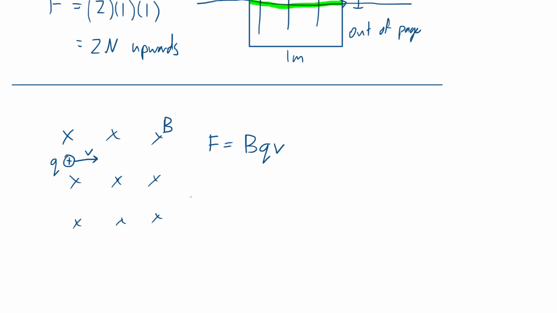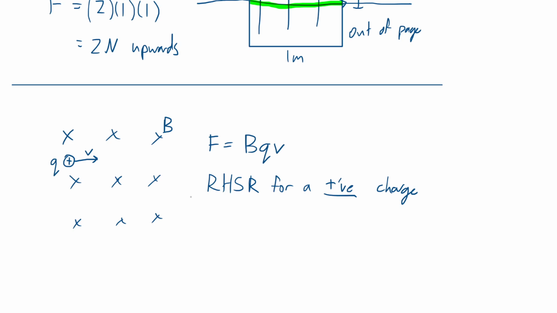Now, we know force has a direction, and we can determine the direction with the right hand slap rule again, but this time for a charge, specifically a positive charge. Now, for the negative charge, you could use the left hand slap rule, but I recommend, to keep it simple, use the right hand slap rule, but then reverse the direction if it's a negative charge.